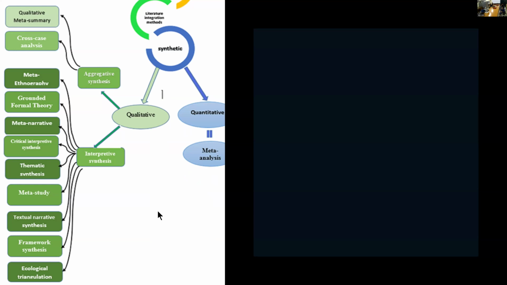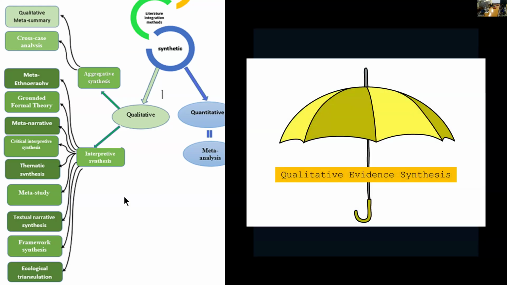We use these various methods depending on what you're doing the study for. You want to generate a new theory, or you want to find common themes, that's called thematic synthesis, or do you want to find differences in the various studies, that's called heuristic analysis. So based on what you want to do, you can choose any of these methods. But overall, they come under the umbrella term called qualitative evidence synthesis.